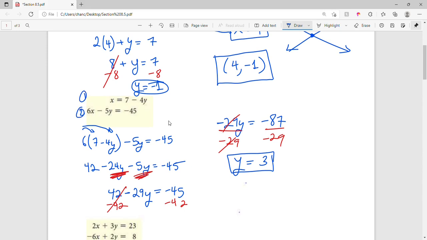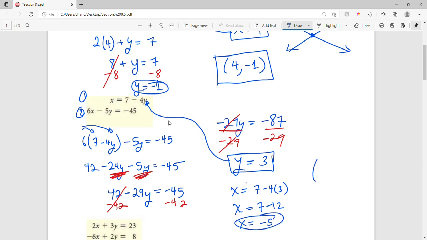It doesn't really matter, but it looks like equation 1 is the easiest one to use. So we'll write x equals 7 minus 4 times 3. And x simplifies to 7 minus 12, or x is equal to -5. And so my ordered pair solution is (-5, 3) for our second example.